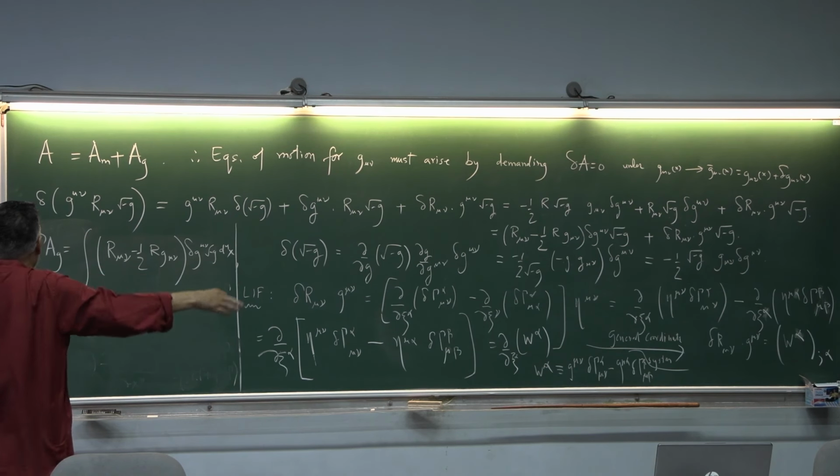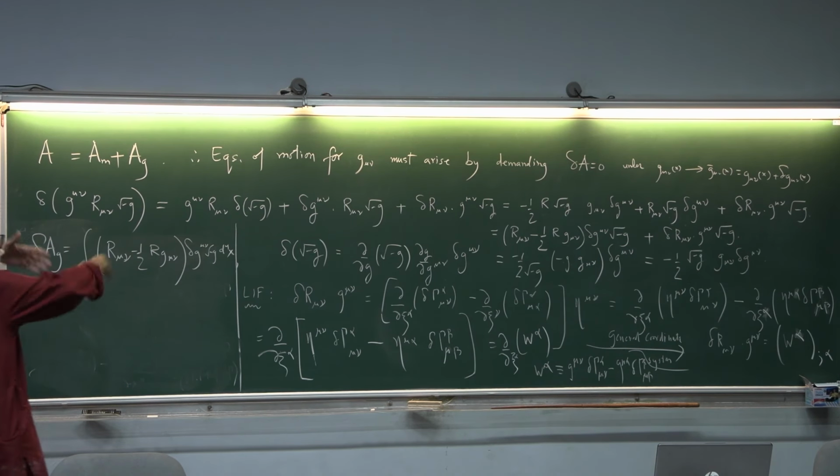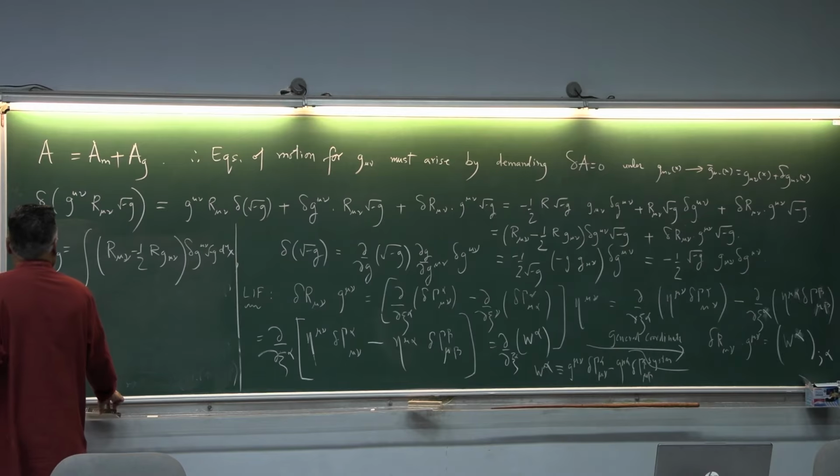The other part we have shown goes to 0 when you integrate over the entire space-time, by virtue of Gauss's theorem. And there's a minus c cube by 16 pi G outside.